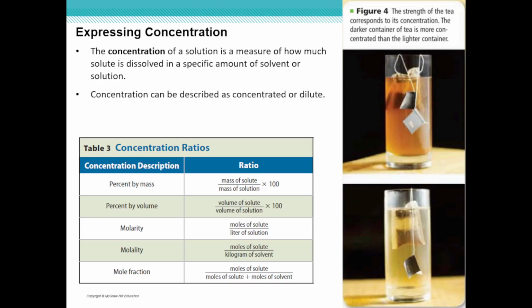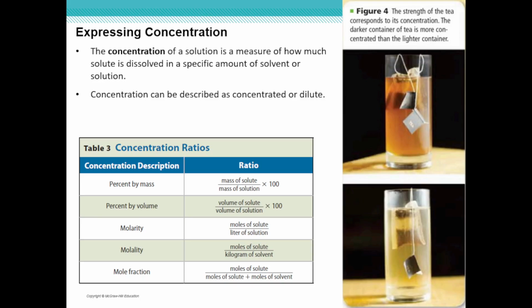However, the vast majority do not. Think about maybe sugar water or putting salt in water. We don't have any indication of how much salt is in salt water or how much sugar is in sugar water. So we need to have different ways of representing the concentration rather than just looking visually.